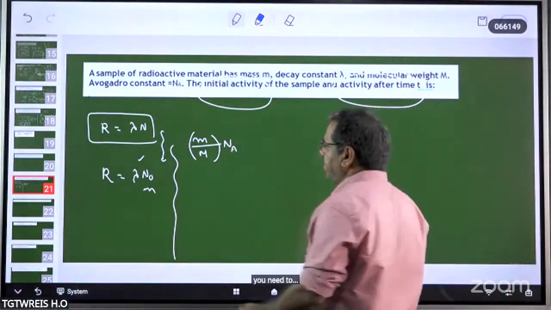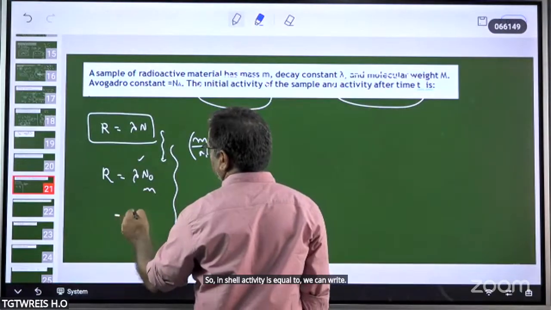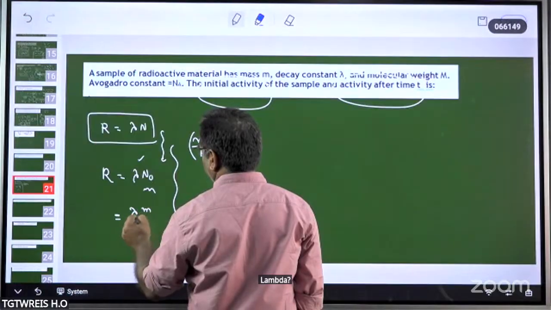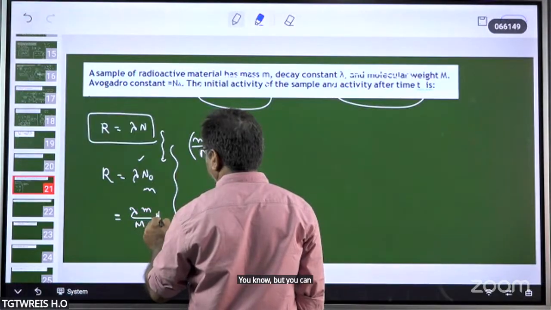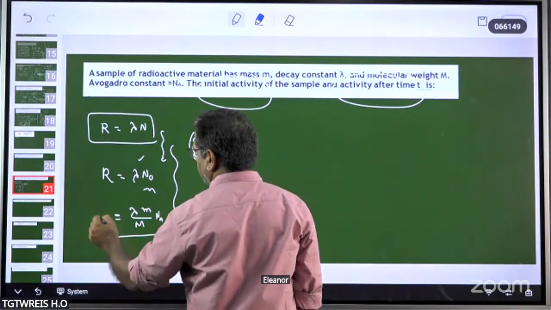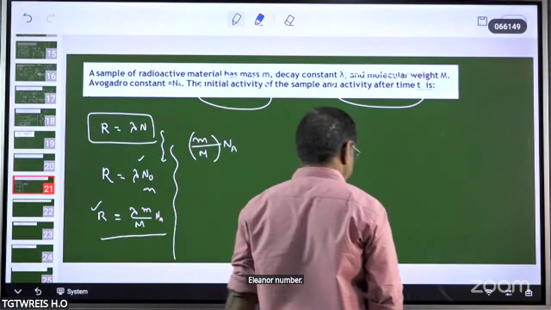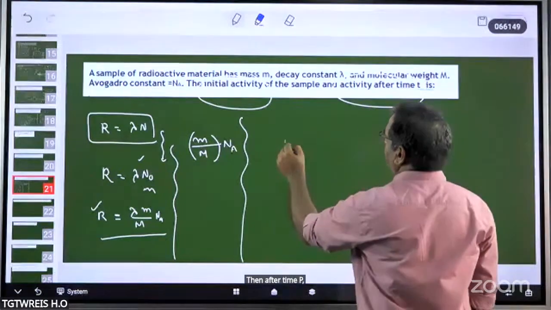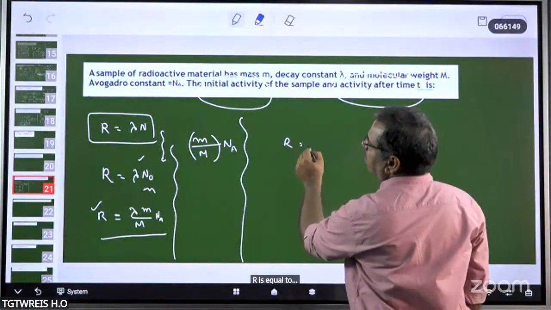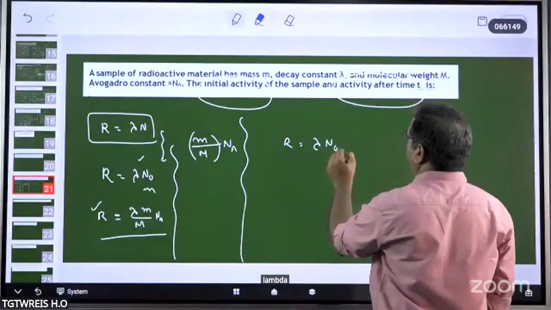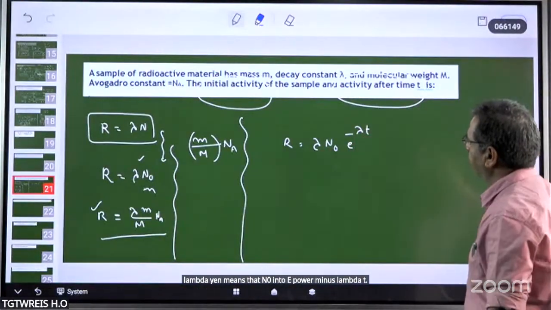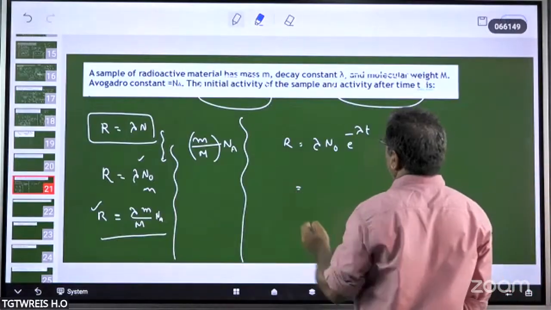So initial activity is equal to lambda times m by capital M into Avogadro number. This is our answer. Then after time t, R is equal to lambda N, and N means N naught into e power minus lambda t, isn't it?